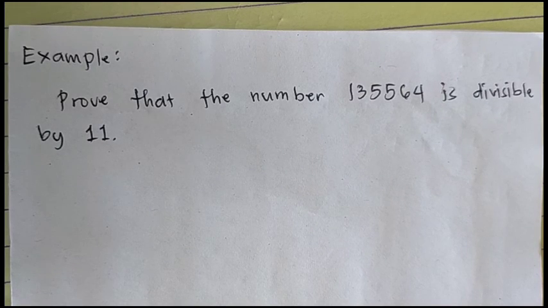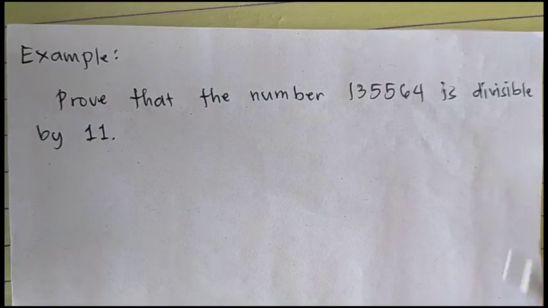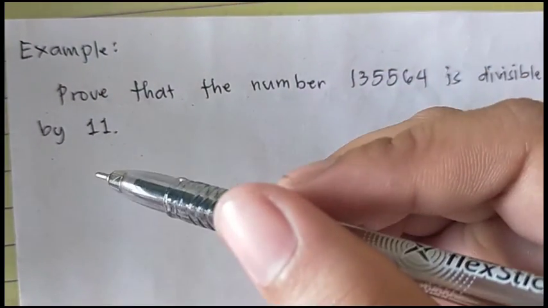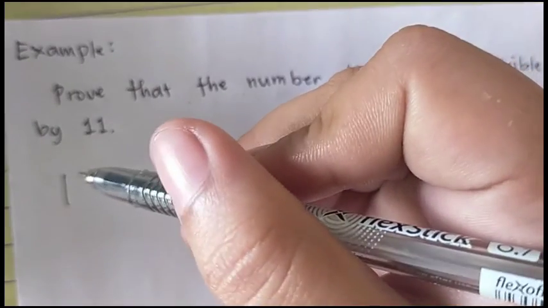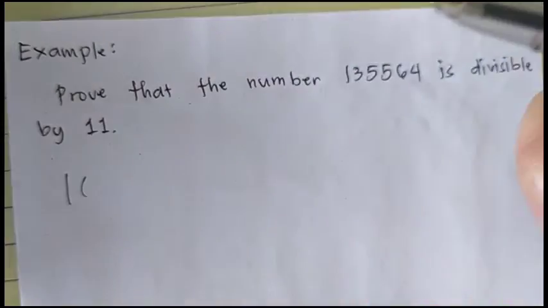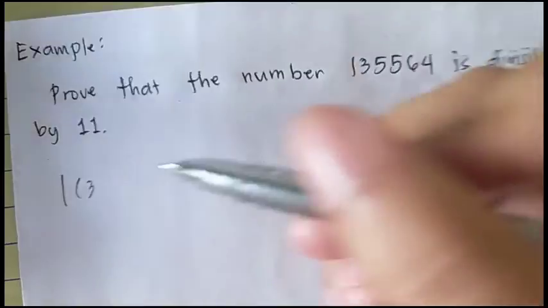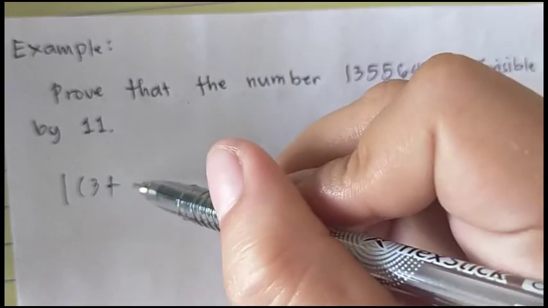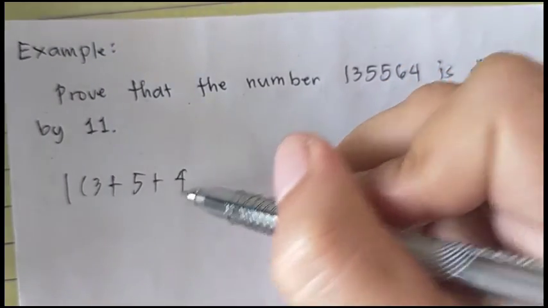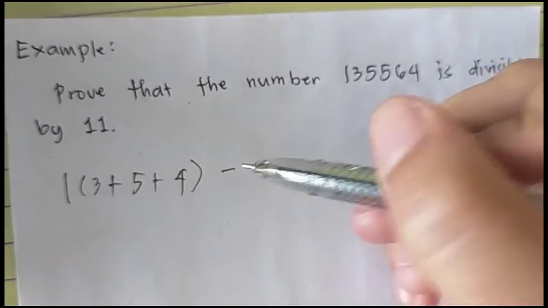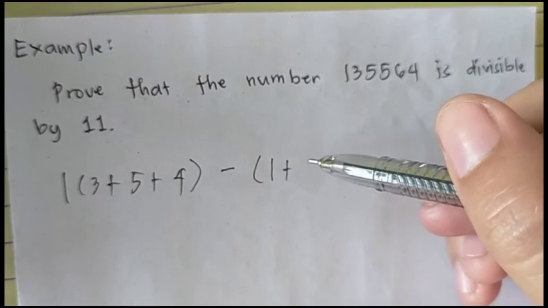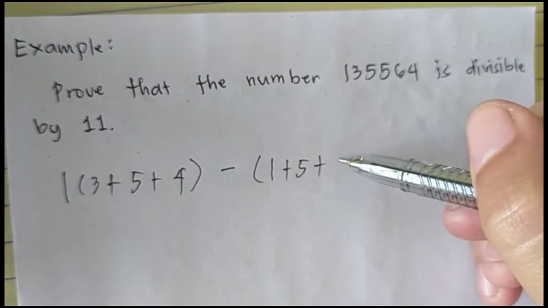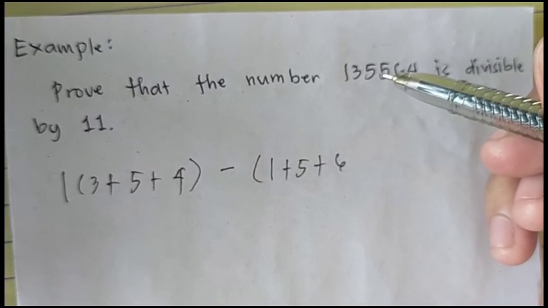So we will get first the sum of the even digits: 3 plus 5 plus 4, minus the odd digits: 1 plus 5 plus 6.